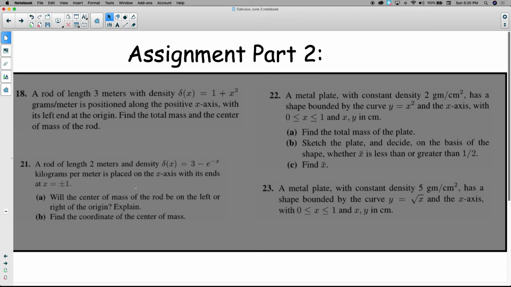I understand that there's a formula associated with this stuff, but please avoid just throwing things into the formula without making a drawing. It's all about process. Try to make 4 really good solutions, including, of course, computing the integrals. Thanks, and feel free to reach out for help.